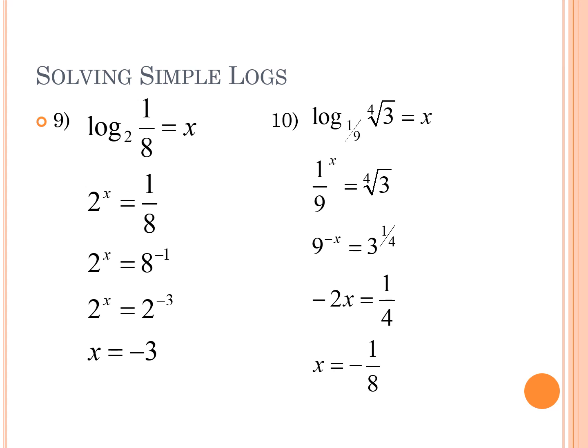But again, I want to get the same bases here. So it's going to be easier to change that 9 to 3 squared. And so when I do that, 3 squared, I've got to multiply those exponents. So I get negative 2x would equal 1/4, setting my exponents equal, and then x equals negative 1/8.